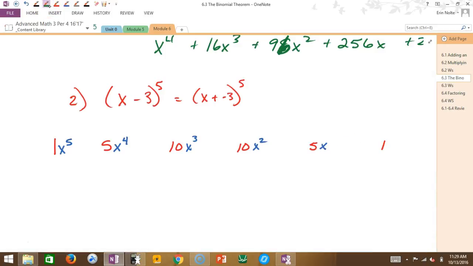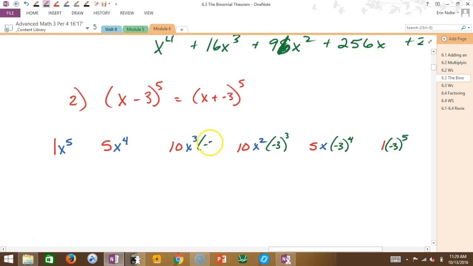Now on my second term, what is the second value of my binomial? Negative 3. So I need to put negative 3, and anytime I have negatives, I need to use parentheses, because that's where things get lost. So I'm going to do negative 3 to the 0, negative 3 to the 1, negative 3 squared, negative 3 cubed.